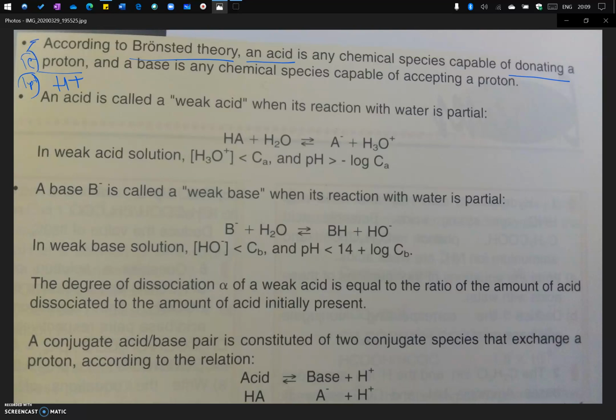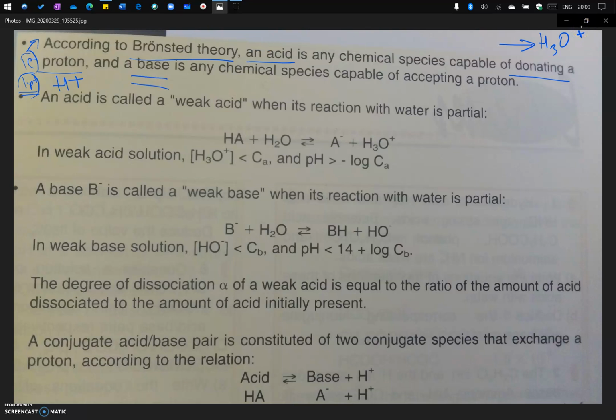If it loses the electron, it becomes the cation H+, and what is left is only the proton. This is why when we say proton, it's H+ or H3O+, because H+ in water attaches to H2O to become H3O+. So an acid is donating or giving H3O+. So H3O+ is the product.